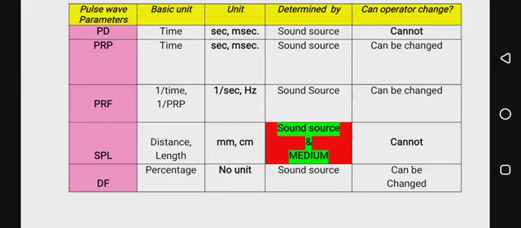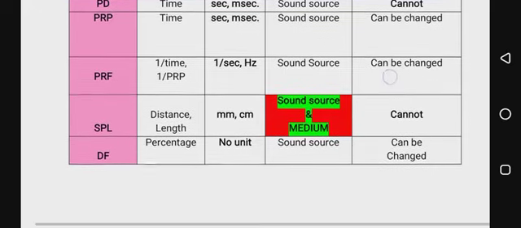SPL is spatial pulse length, measured in millimeters or centimeters. It's actually distance. It is determined by sound source and the medium. It cannot be changed by the operator.